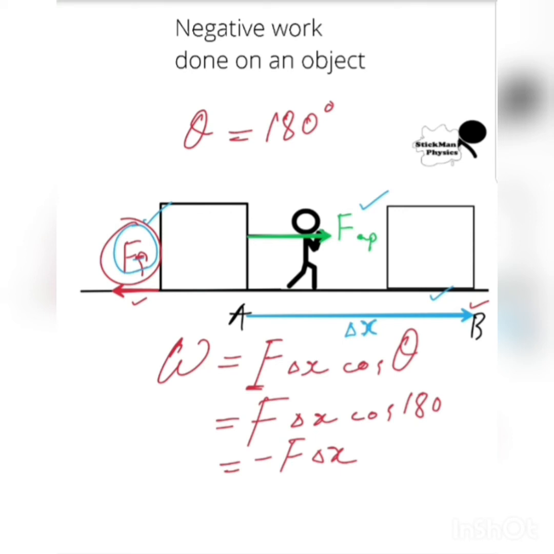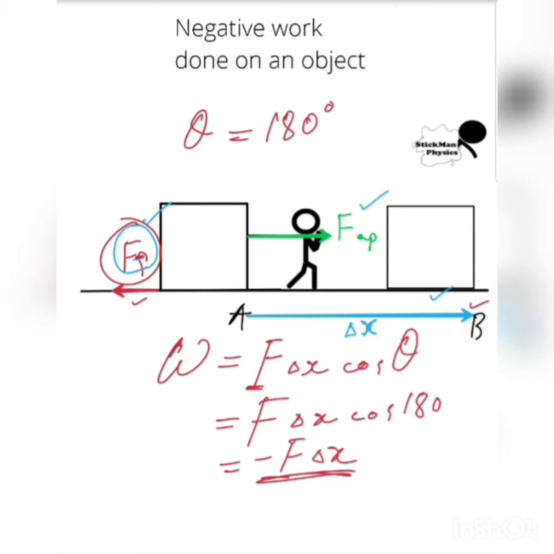And let's keep in mind the following: whenever you have the force acting in the opposite direction to the displacement, the object is going to decrease in terms of its energy, meaning the negative work removes energy from the system or the object itself. Then this energy that is being removed from the system can be distributed in the following forms.